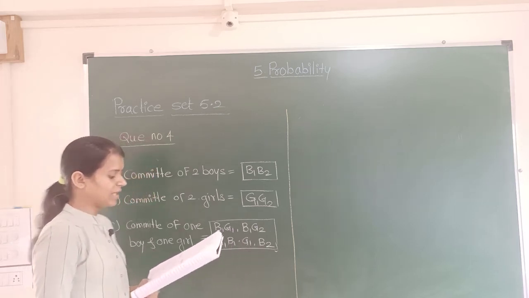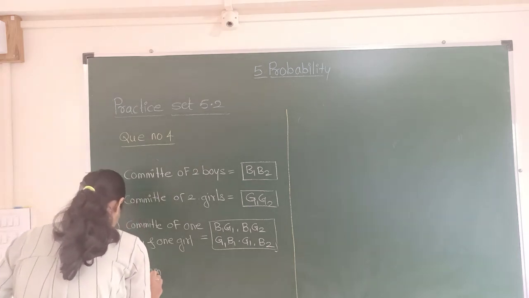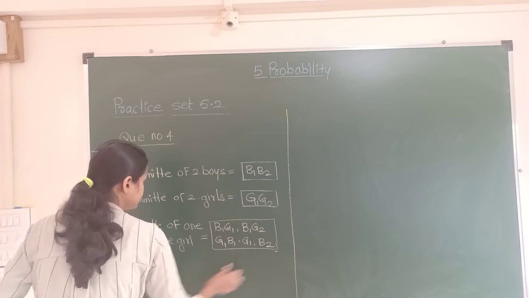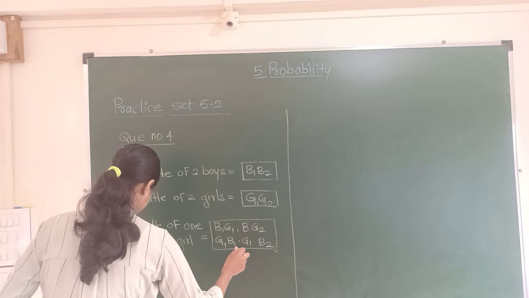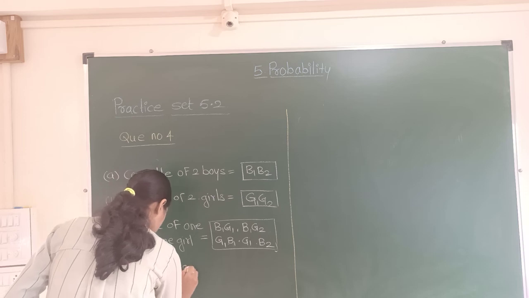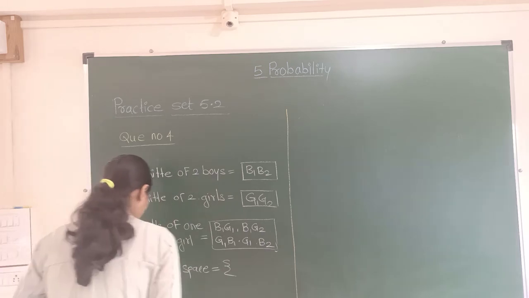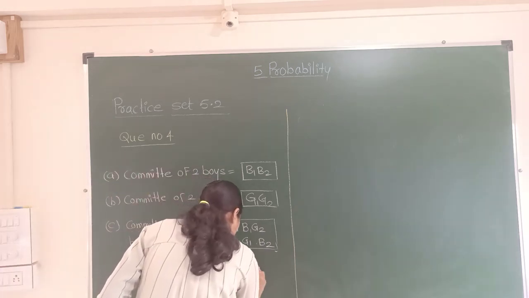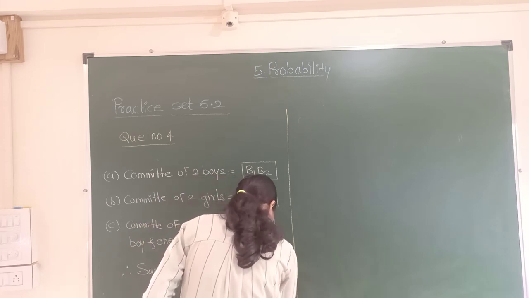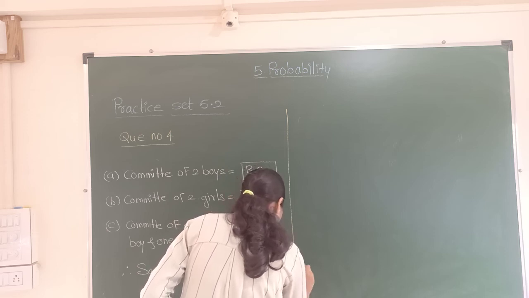Next, sample space is equal to, in curly brackets what we will write: B1 B2, then B1 G1, B2 G2.